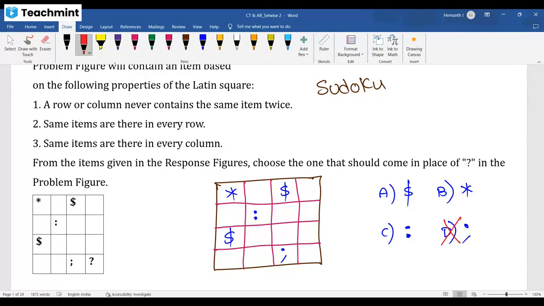Here, I cannot get star, I cannot get dollar, I cannot get semicolon. Means this should be colon. This slot, I fill first. So I cannot get colon here. So colon should be eliminated. Now your answer should be either dollar or star. Right? Okay.